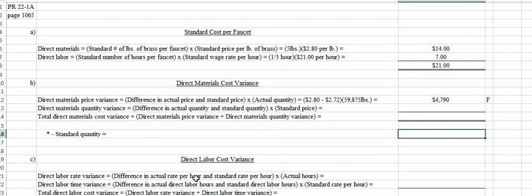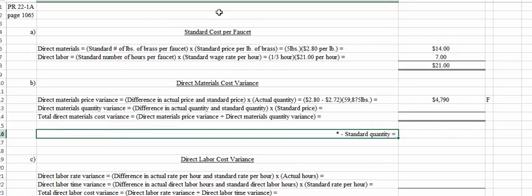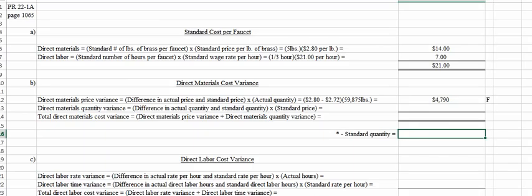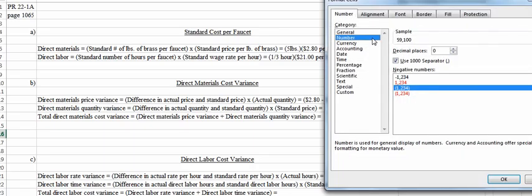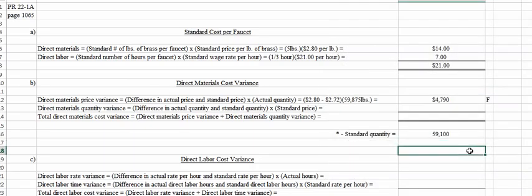You guys probably noticed I did that one incorrectly. We're looking for the standard quantity here. Let's make that over here. Okay, standard quantity equals 5 pounds of brass per faucet. How many faucets did we produce this week is what we need to multiply by, not the cost per pound of brass. Number of faucets produced during the week, 11,820. Okay, and that should not be a dollar amount.